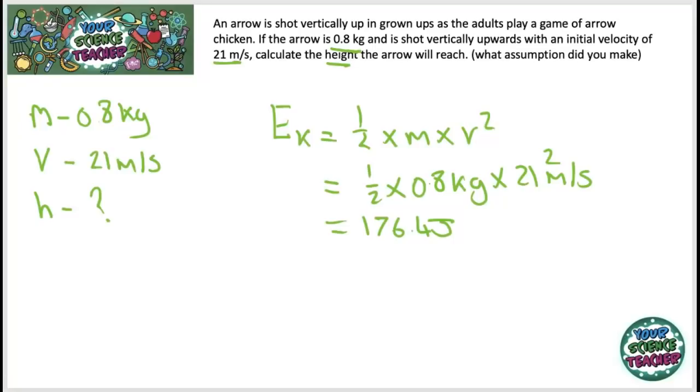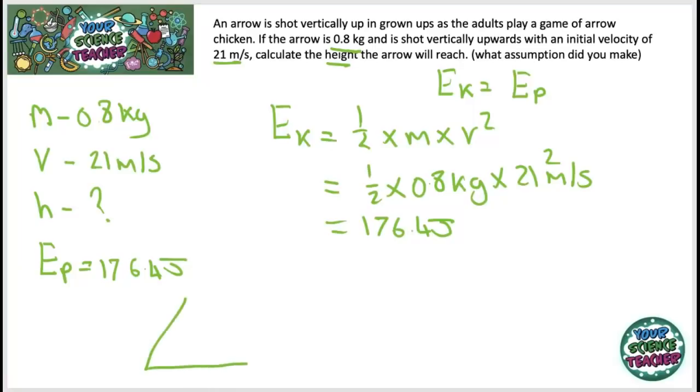Now, because my kinetic energy is being converted to gravitational energy, I now know my gravitational energy as well, which is 176.4 joules. And simply I'm just saying that my kinetic energy is equal to my potential energy here. And if I look at my triangle from earlier, my gravitational energy is equal to mass times gravity times height.